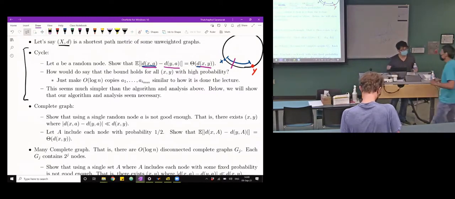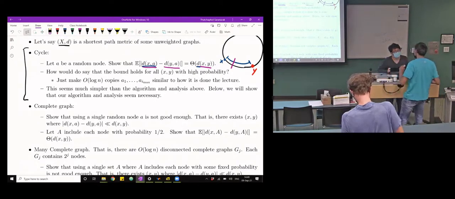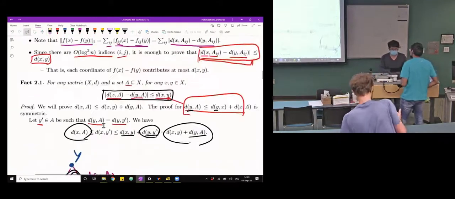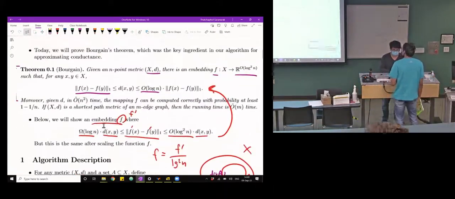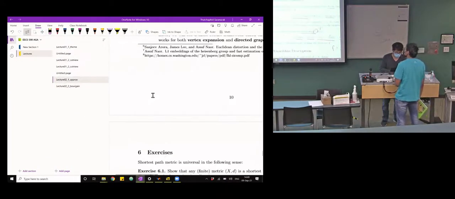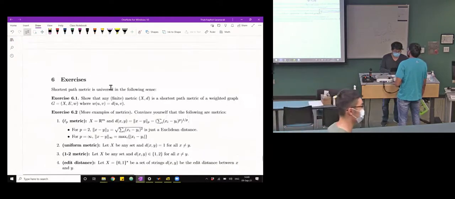Small question. How does the G from the previous lecture relate to this? Oh, yeah.